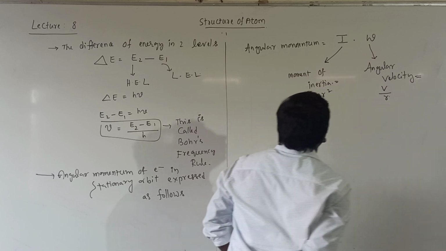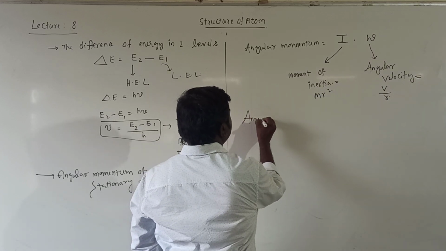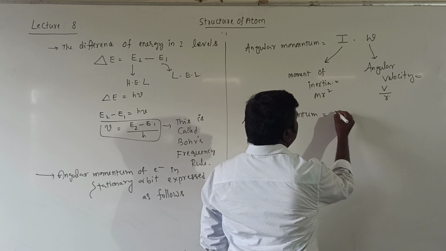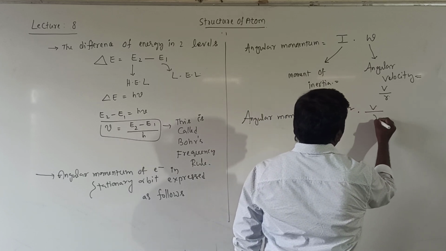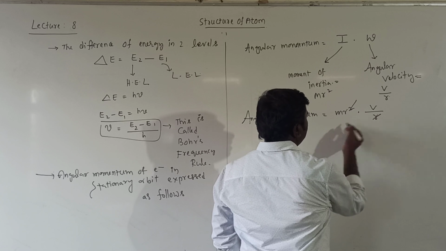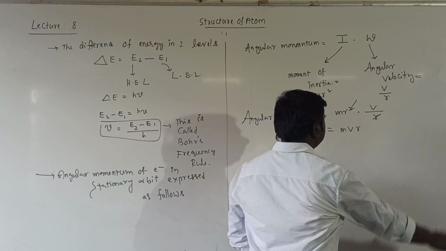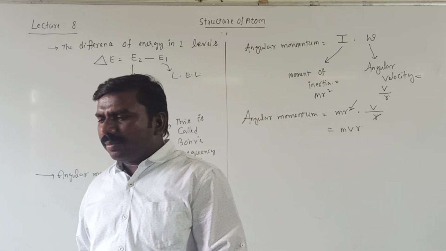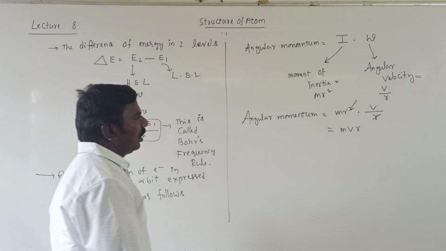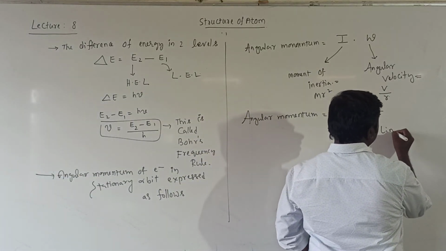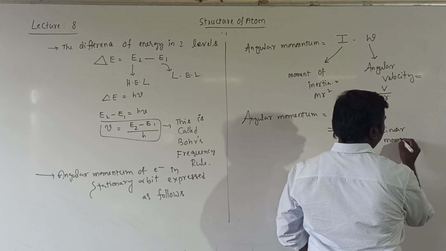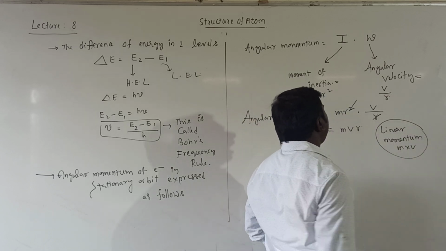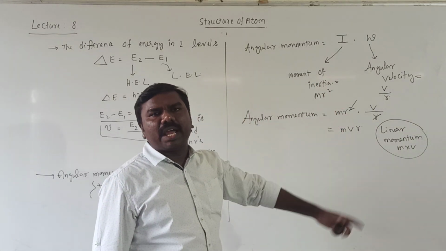So angular momentum of the electron is m r square into v by r. The r cancels, finally m v r. Angular momentum of an electron equals m v r. Linear momentum equals m v.